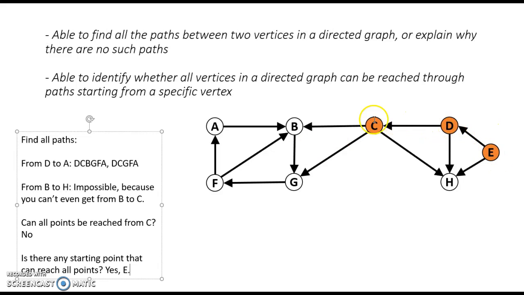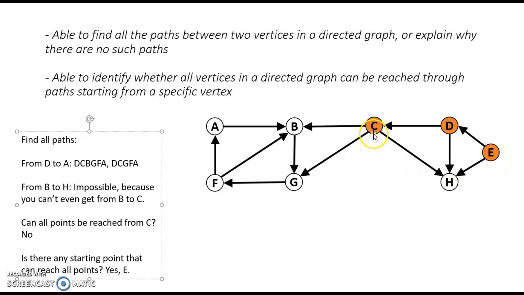If a disease could only be spread in one direction, and if we know that one of these people started out with the disease, and all of the people ended up with the disease, and we wanted to figure out where the disease came from, well, by using this type of question, we could see that the only one who could have started with the disease and infected everybody would have been person E.